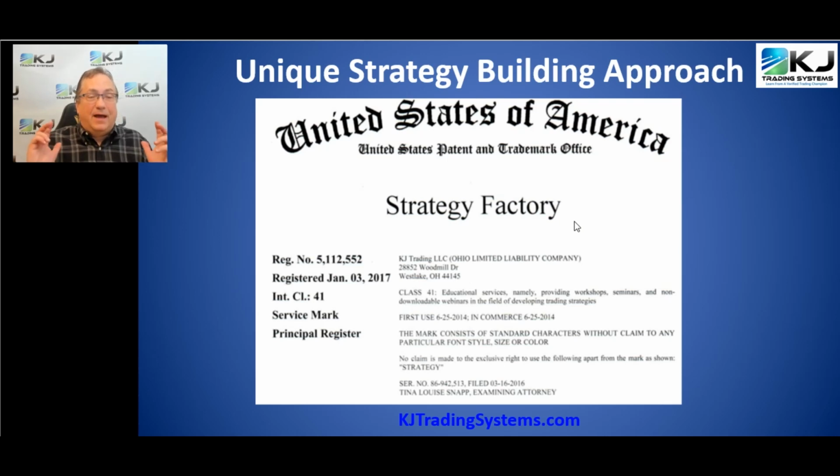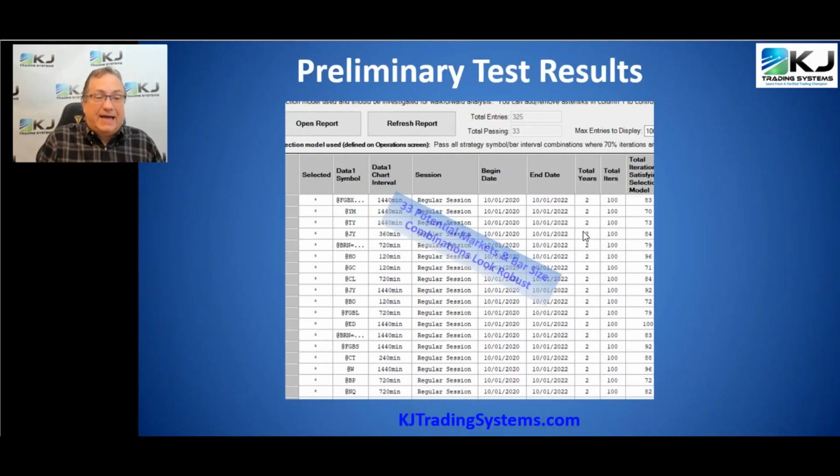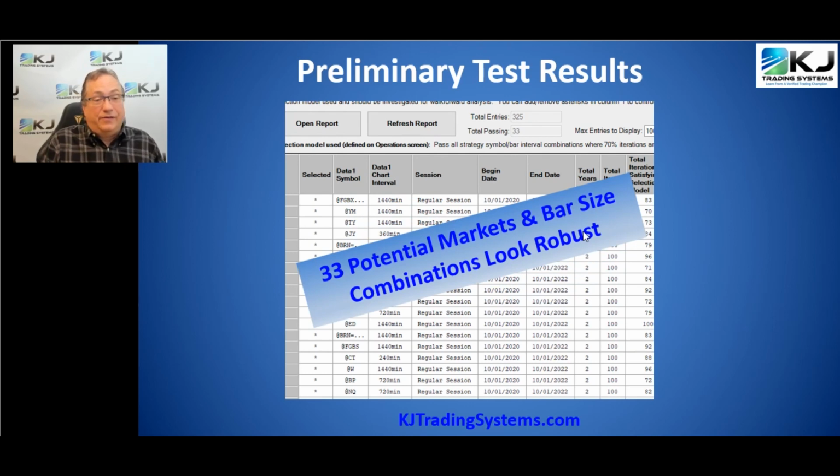So first, how I test: I use this strategy approach, trademarked. So it's something only I do, something only I can talk about. It's called the Strategy Factory. It's just a process for building strategies, and it's unique. Preliminary tests, only 33 combinations look robust. You know, we've had some earlier ones if you've watched this series.